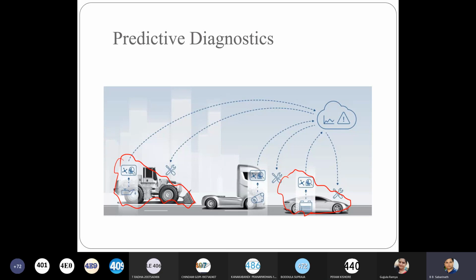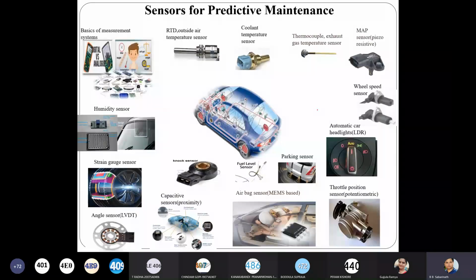You can get all these notifications on your mobile if you combine such sensors with IoT. These are the different sensors for predictive maintenance: strain gauge, LVDT, capacitive sensors, airbag sensors.